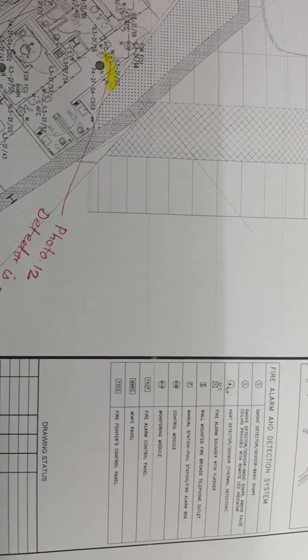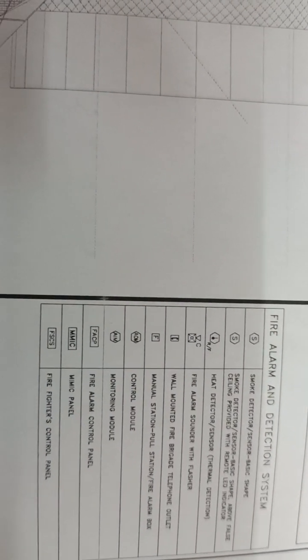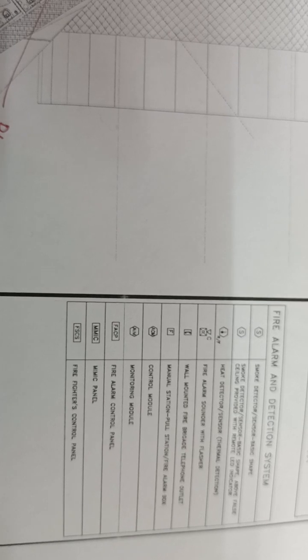Then the sixth one is the telephone, which we use to call the civil defense department directly to send the fire brigade or firefighting vehicle to stop the fire. And the seventh one is the manual call point.